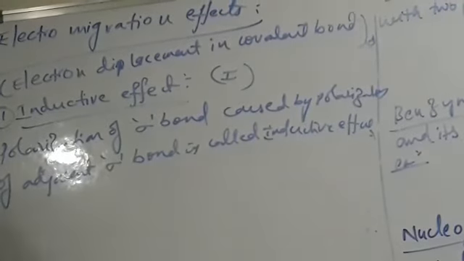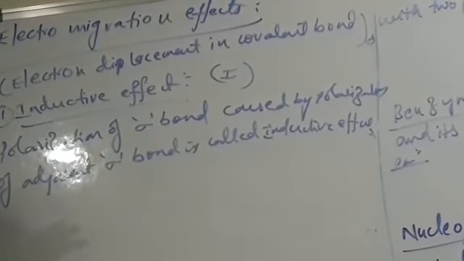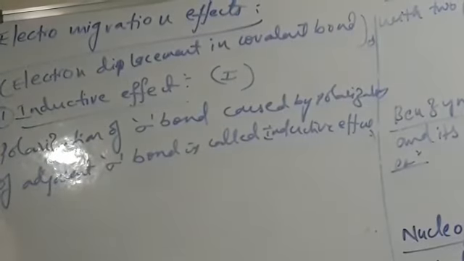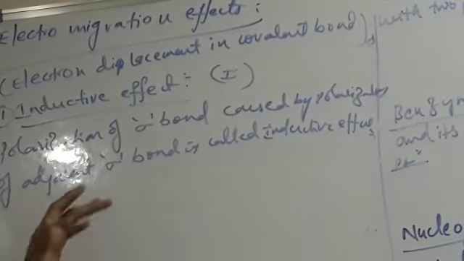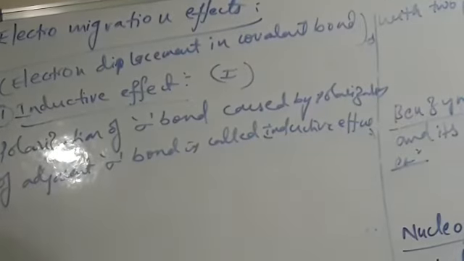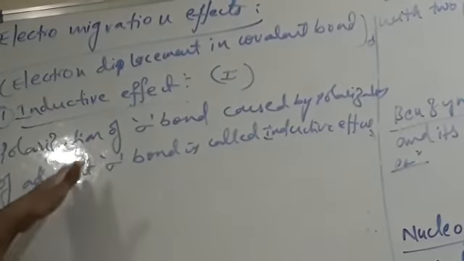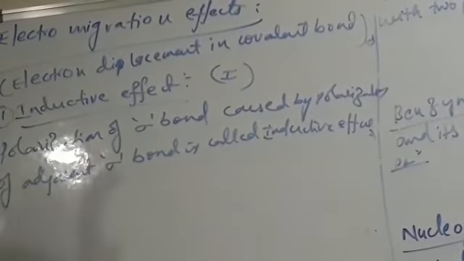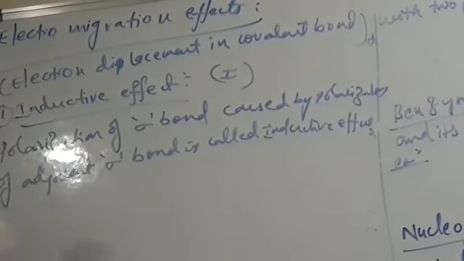One more definition is that if electron withdrawing or electron donating groups or atoms are present in a covalent molecule, their effect is transmitted by the polarization of electrons in the sigma bond.